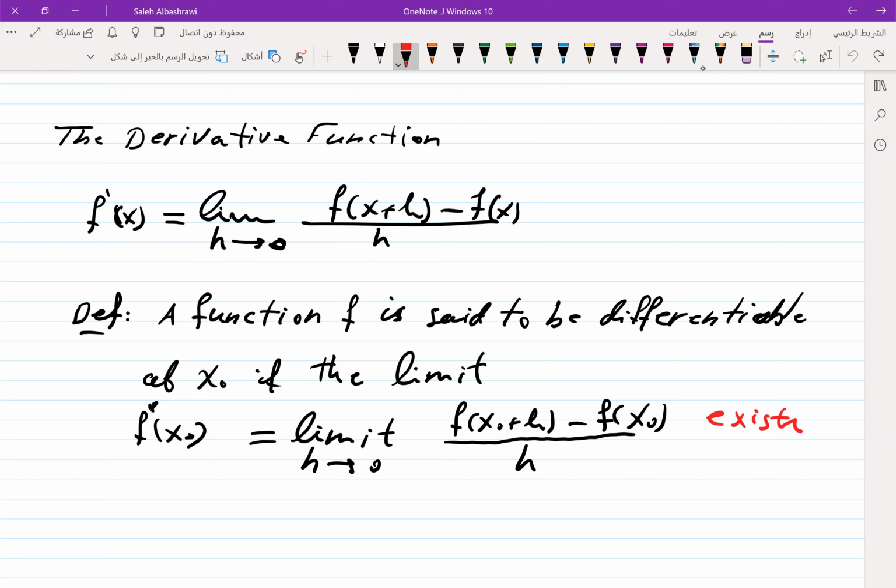If this limit exists, then we say that the function is differentiable at that given point.